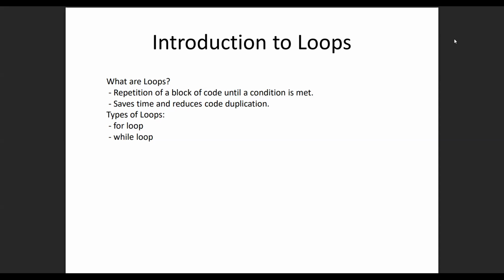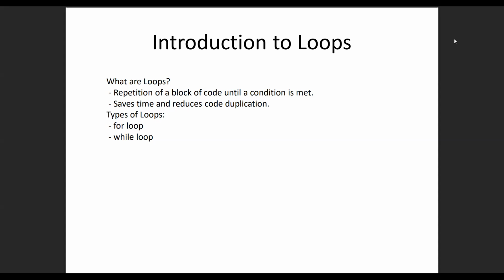But with loops, once you give the loop in one line and give the condition, it is enough to print all the numbers until the condition is met. In these loops we mention only one condition inside the loop. By using this loop, you save a lot of time and also reduce code duplication. So this is the introduction to loops.